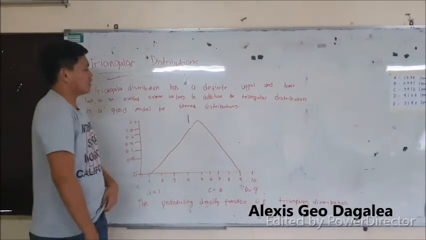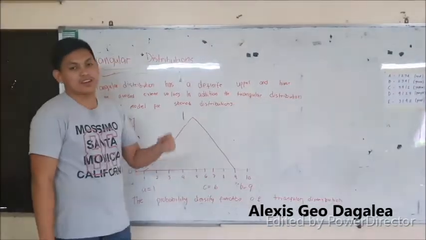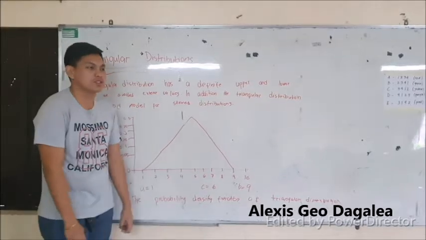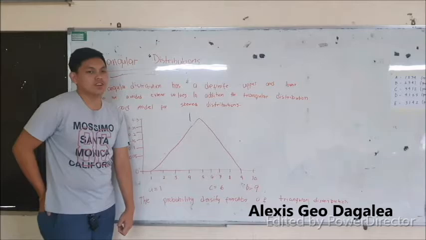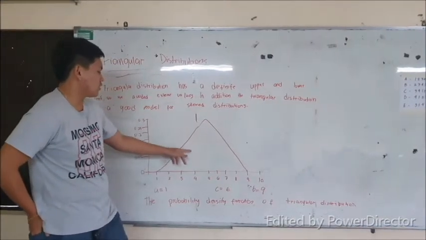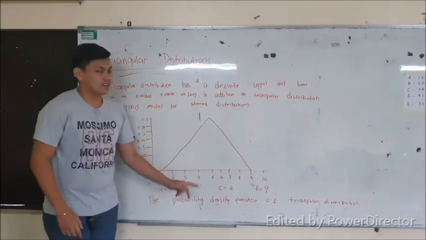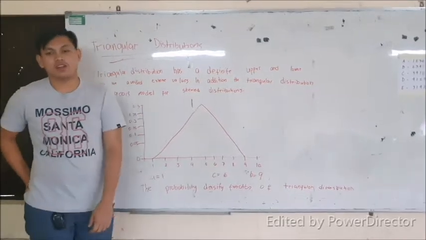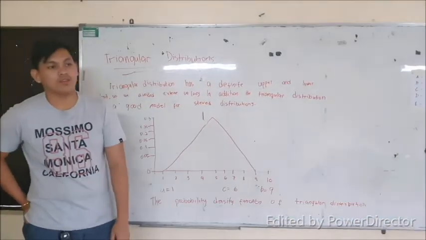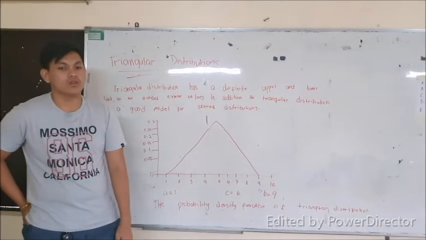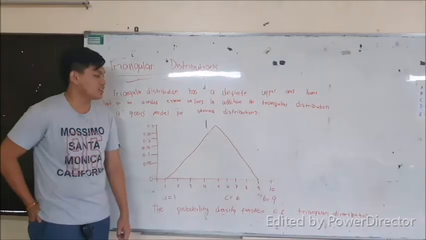So triangular distribution is a continuous probability distribution with a probability density function shaped like a triangle. So this is how it looks like. So this is a real life situation. We can often estimate the maximum and minimum values even if we don't know the mean and standard deviation.